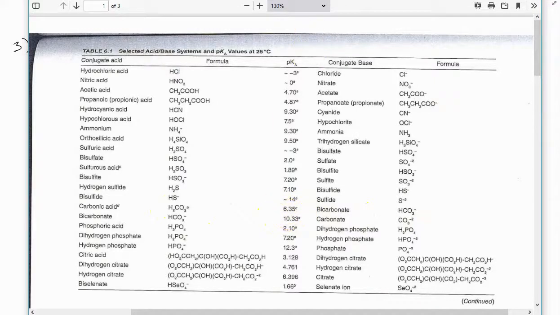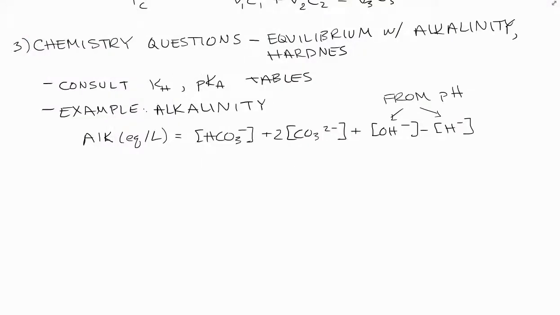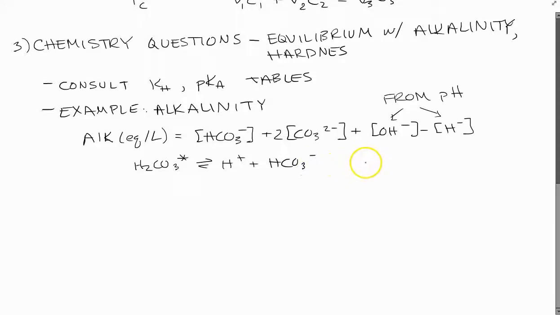So you can take that information and construct the following, which is H2CO3 star, carbonic acid, loses a proton, becomes bicarbonate, and the Ka for that is 10 to the negative pKa, which is 6.35.